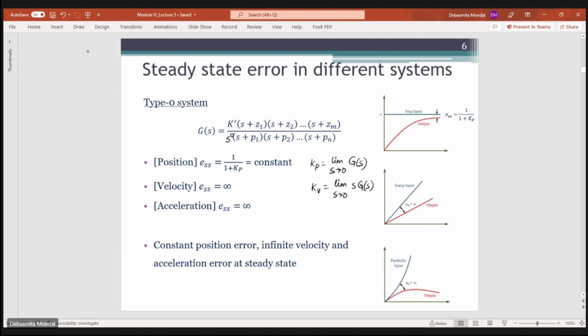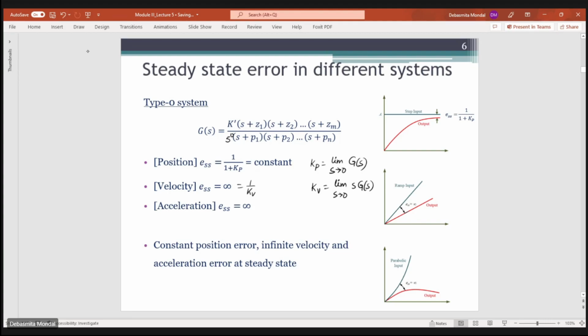You have s in the numerator, so for the limit s tends to 0, this value becomes 0, and ess will be equal to 1 by Kv. So 1 by 0 means you will have infinite steady state error when you have a ramp input provided to this type 0 system.